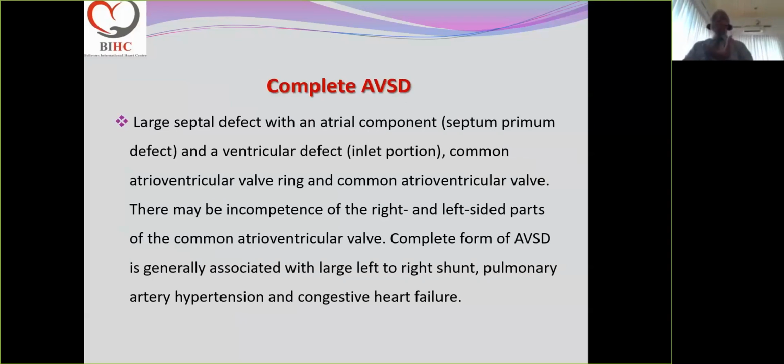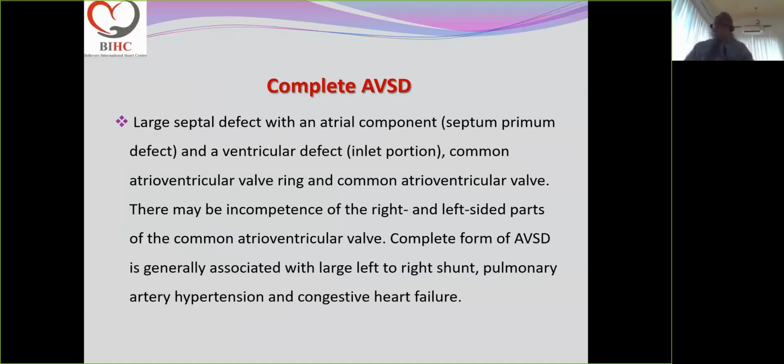And this common AV valve may leak from any part, from the left-sided part, the equivalent of mitral, the right-sided part, the equivalent of tricuspid, or it may be actually leaking from the middle. And complete AV canal with a large VSD would be associated with large left to right shunt, pulmonary arterial hypertension, and congestive heart failure.